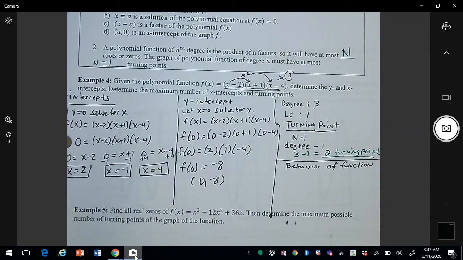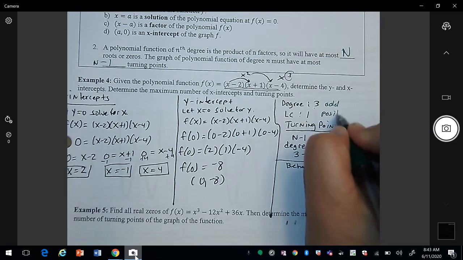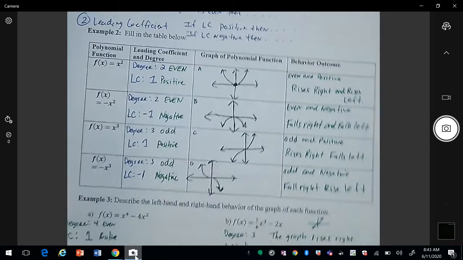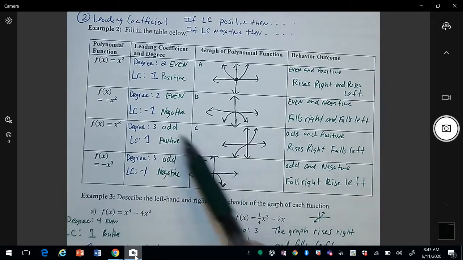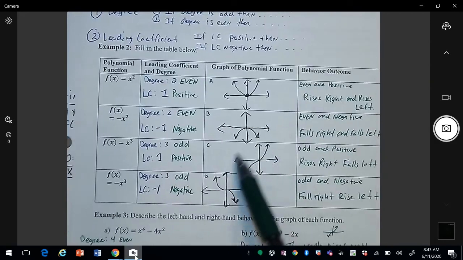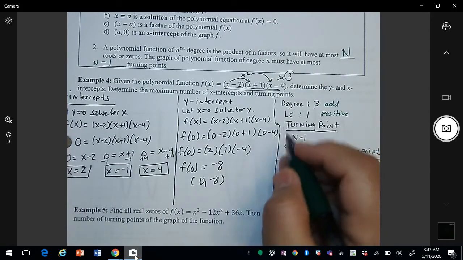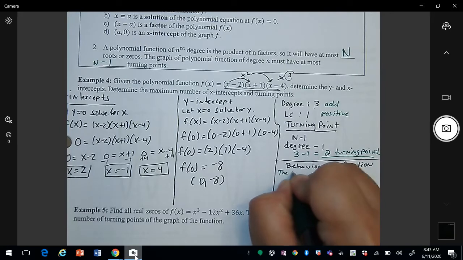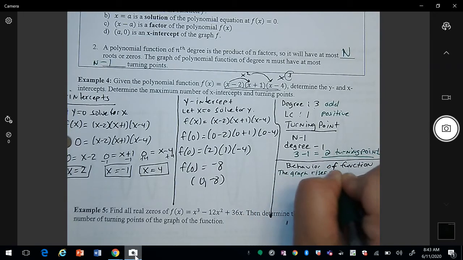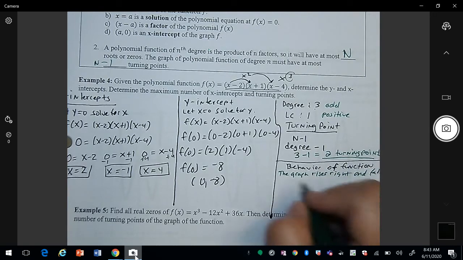Since the degree is odd and you have a positive leading coefficient, it's going to behave like letter C. So we say that the graph rises right and falls left.